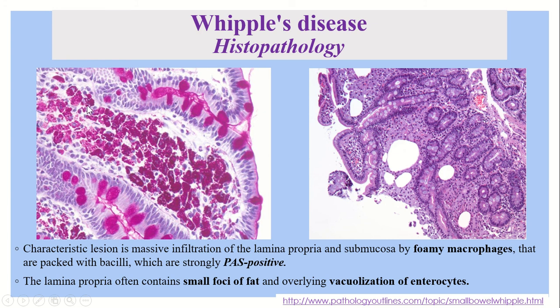Here you see the PAS positive macrophages, and here you see also the staining of the goblet cells with the PAS stain. But we have to focus on the accumulation, the abundant number of the macrophages. Then the lamina propria often contains small foci of fat and the overlying devascularization of the enterocytes.